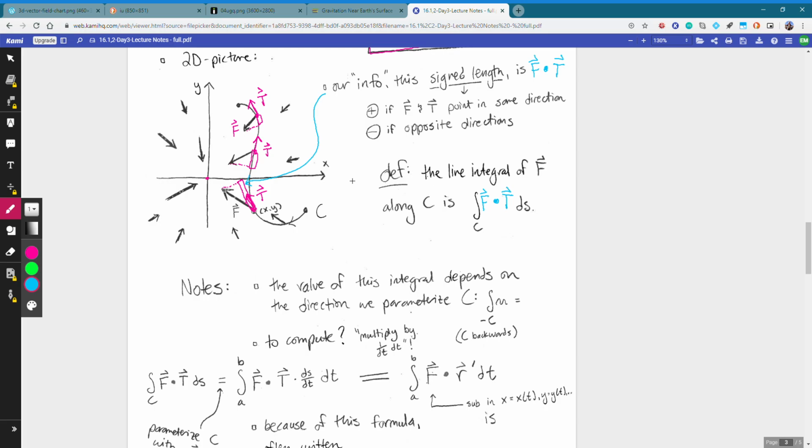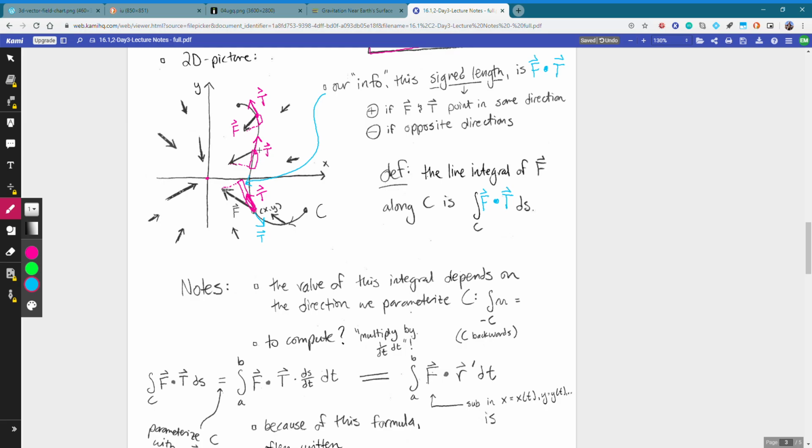So for example, if instead of moving from the bottom to the top of our curve, we switched gears and we're moving from the top to the bottom, well then, at this point, our new unit tangent vector would actually be pointing us in this direction. And so the tangential component that was in our same direction is now behind us.